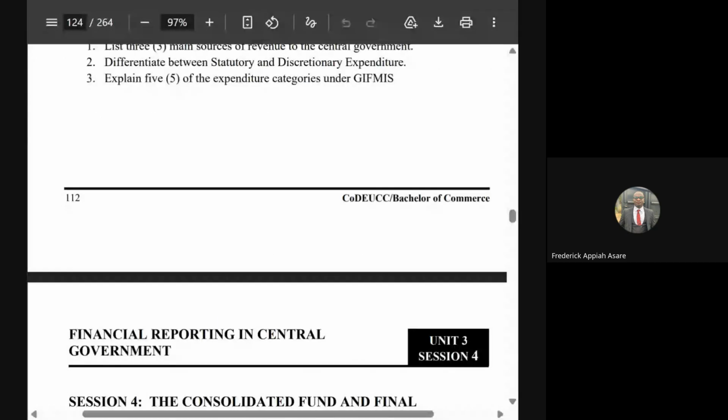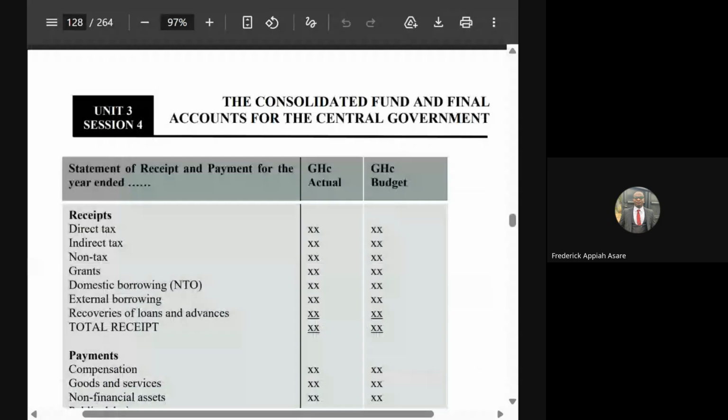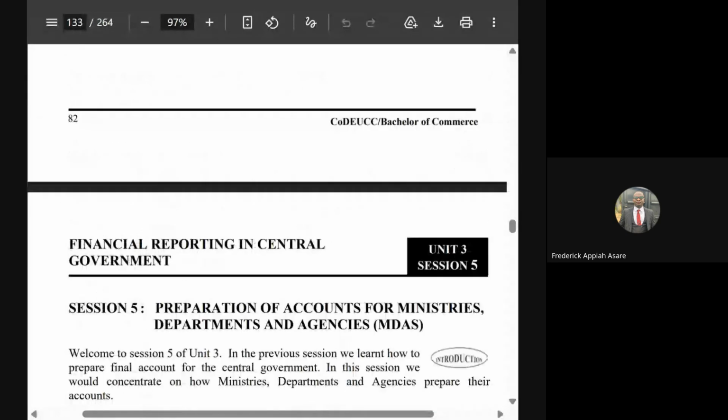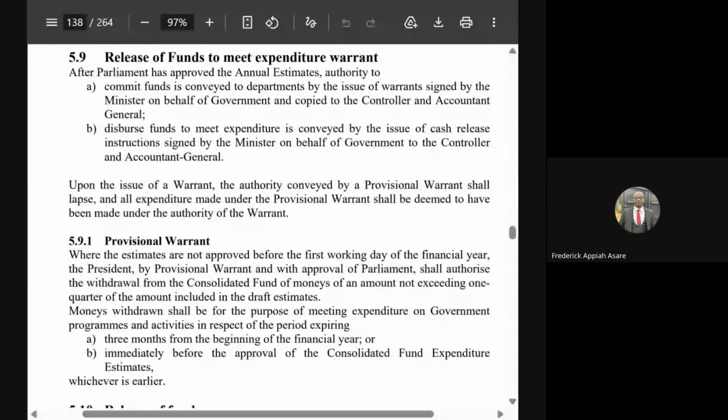Section 4, we look at some of the calculations, how to prepare these budgets. We look at all these and the items that fall under it.